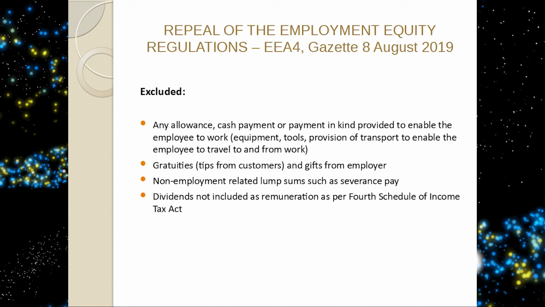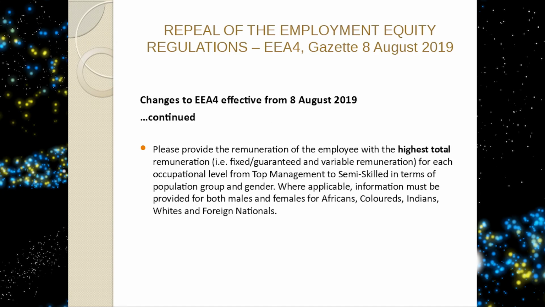Excluded, specifically excluded: any allowance, cash payment, or payment in kind provided to the employee to perform his or her duties, equipment, tools, provision of transport, etc. Gratuities, tips from customers, and gifts from the employer specifically excluded. Non-employment related lump sums such as severance pay. And then, of course, if there were no dividends declared, then of course the company takes that amount to invest back into the company the following year. It will not be deemed the remuneration of the top management then.